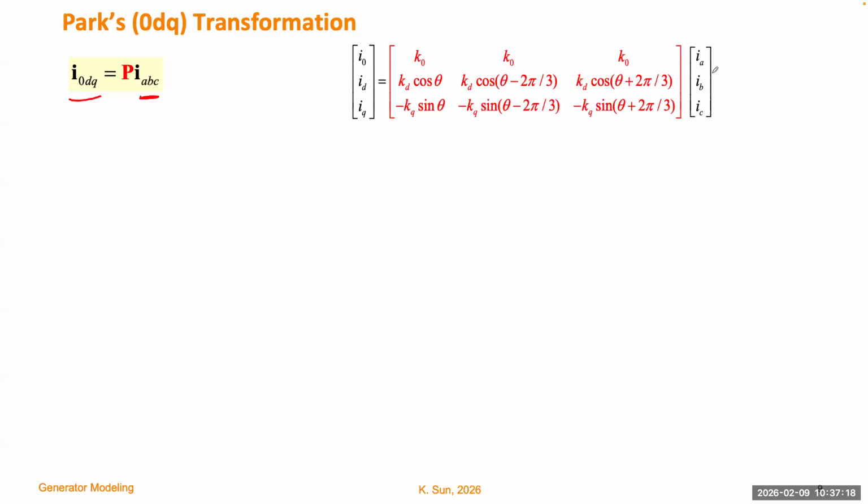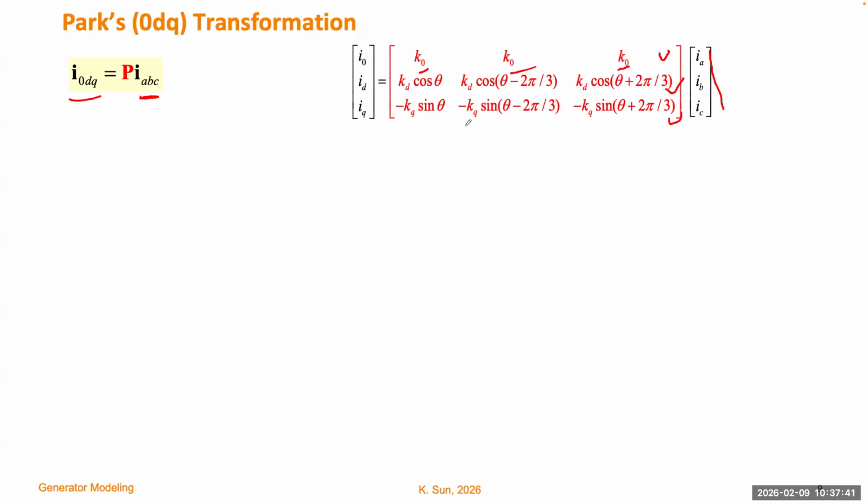Okay, so you see the second row and the third row are exactly what we just discussed from previous slides. And in the first row, basically, we put some constant values. Those multiplied by this row will give you the weighted sum of the three currents of the stator.